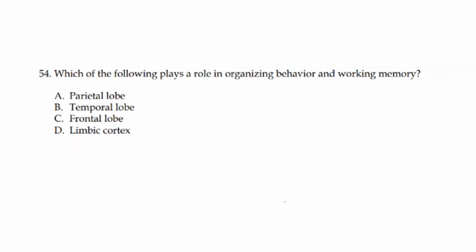All right. And then we have, which of the following plays a role in organizing behavior and in working memory? Okay. Now you might actually know the answer from psychiatry for this one.